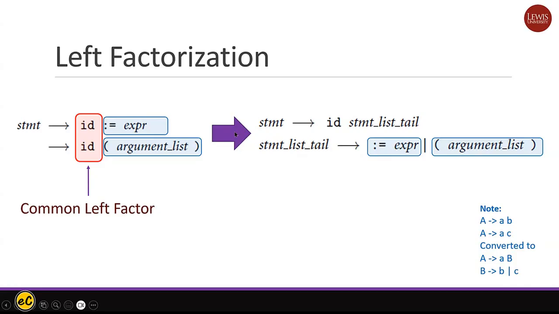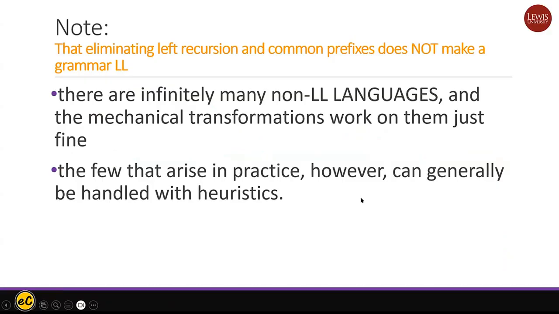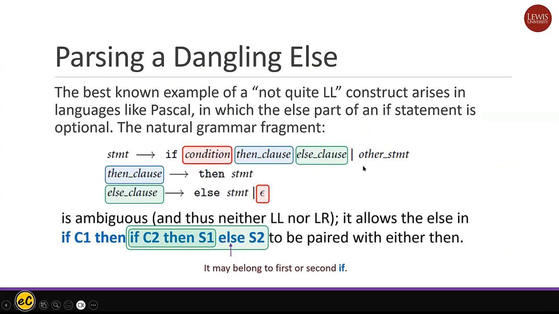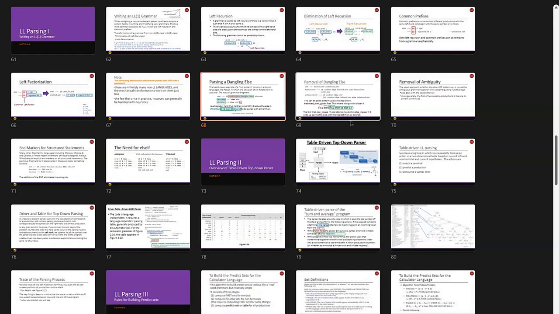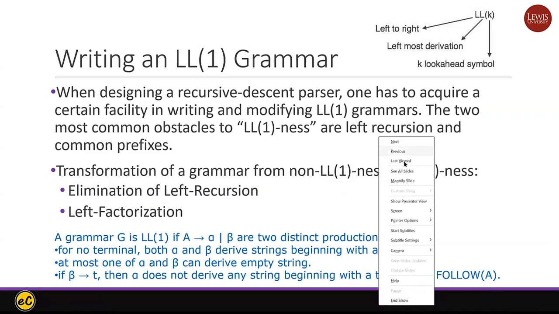So we do adjustments. So we move the ID in front, and everything else is called statement. This is the tail. Tail can be this one or this one. So you kind of like factorize out the common factors. So these two are important things that you need to handle when you design the LL grammar. That is the elimination of left recursion and also left factorization.